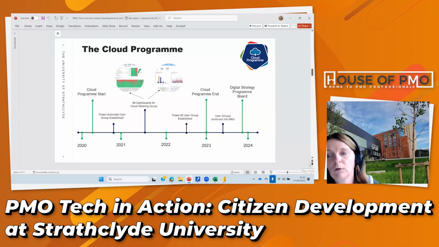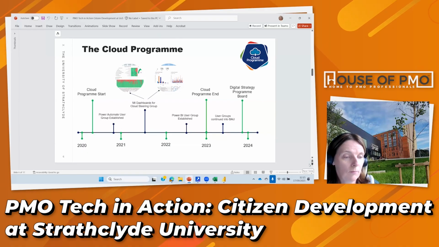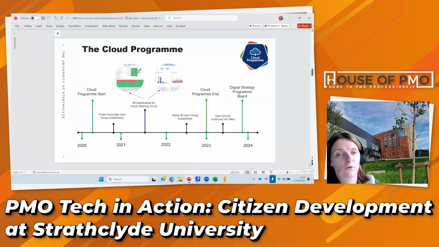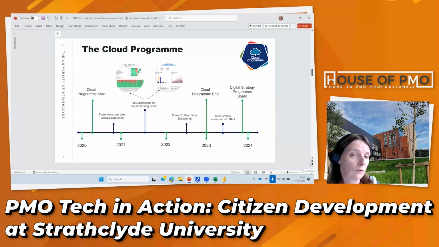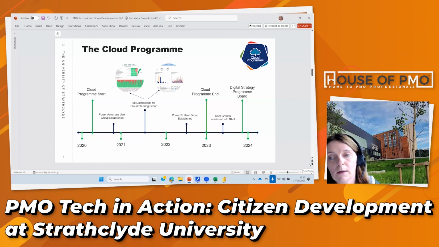Our steering group was made up of a number of chief officers, so our chief digital information officer. We had directors of information services and director of continuous improvement. We had academic colleagues as well.